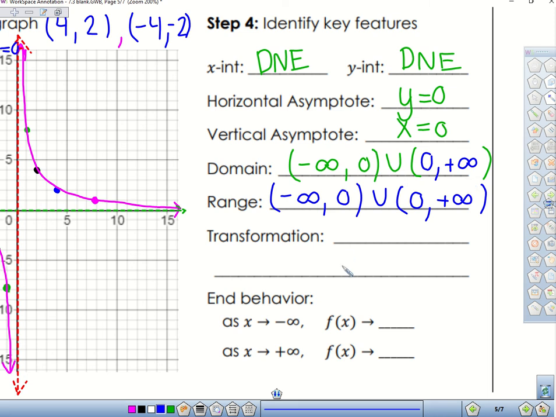And now we're going to talk about the transformation. So did this graph shift left or right or anything like that? Did it have an h or a k value that shifted it? But it did have an a value, right? So what does the a value do to the graph? Good. Vertical stretch, by a factor of 8.